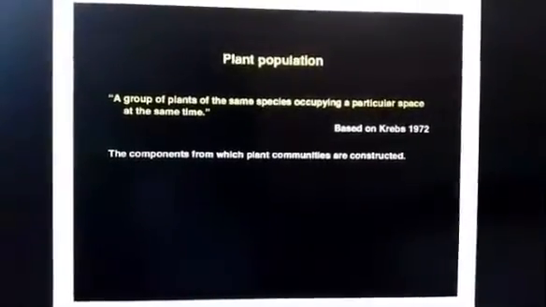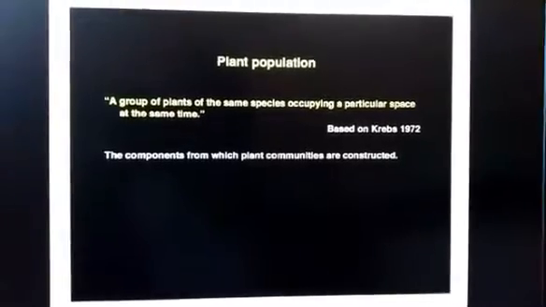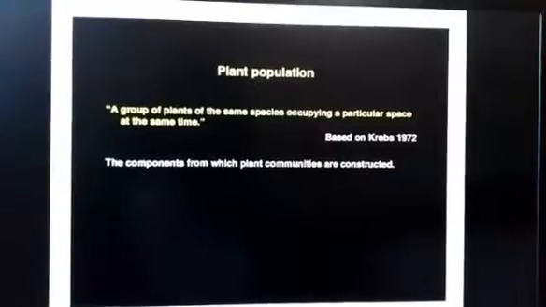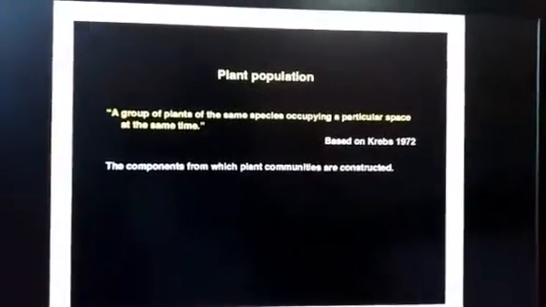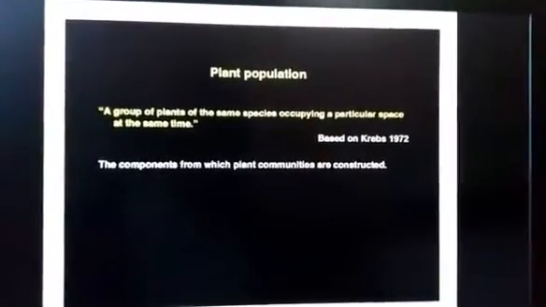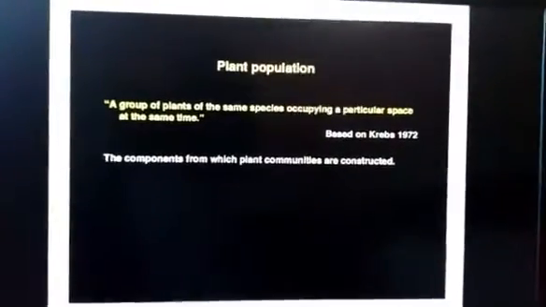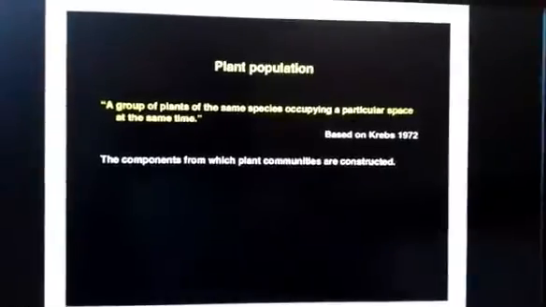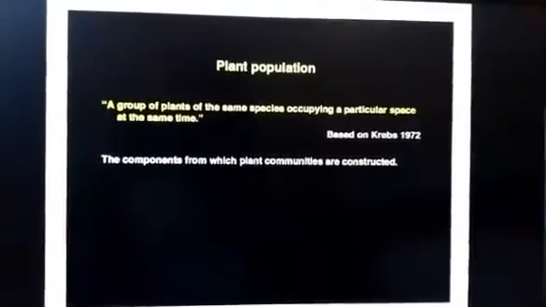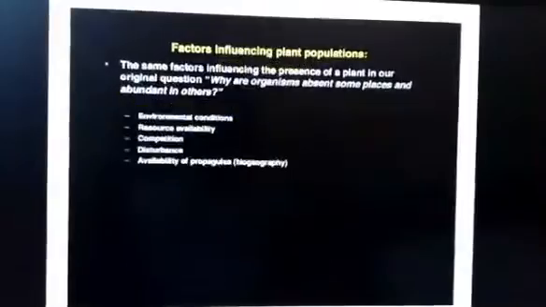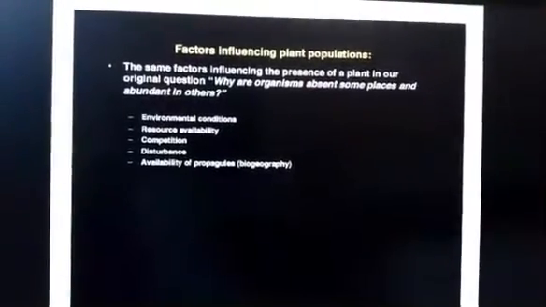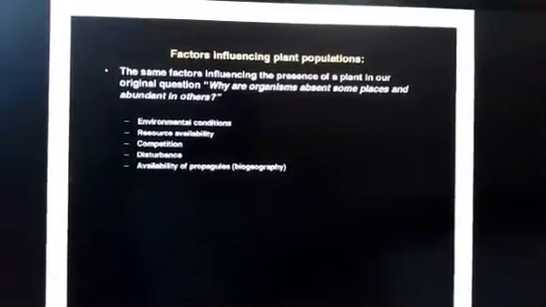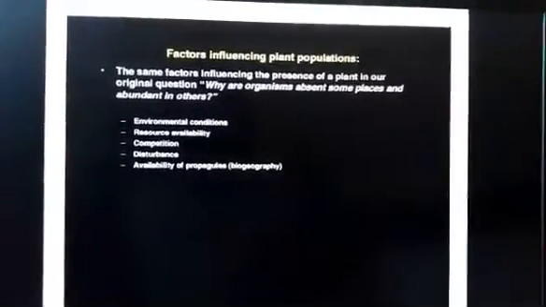So the plant population, as you know, is just a group of plants of the same species which are seen to be occupying a particular area at the same time. So these are the components which are used to construct plant communities. So we have factors which influence the distribution of plants or plant populations.